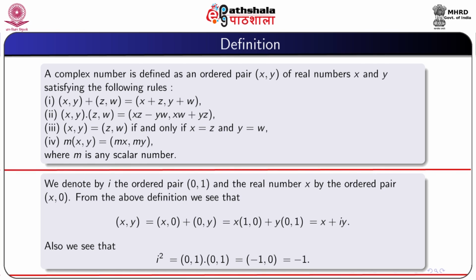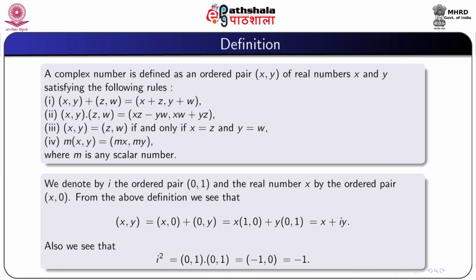We denote by i the ordered pair (0, 1) and the real number x by the ordered pair (x, 0). From the above definition of complex numbers, we see that (x, y) is equal to (x, 0) plus (0, y), and this is equal to x into (1, 0) plus y into (0, 1), and that is equal to x plus i y.